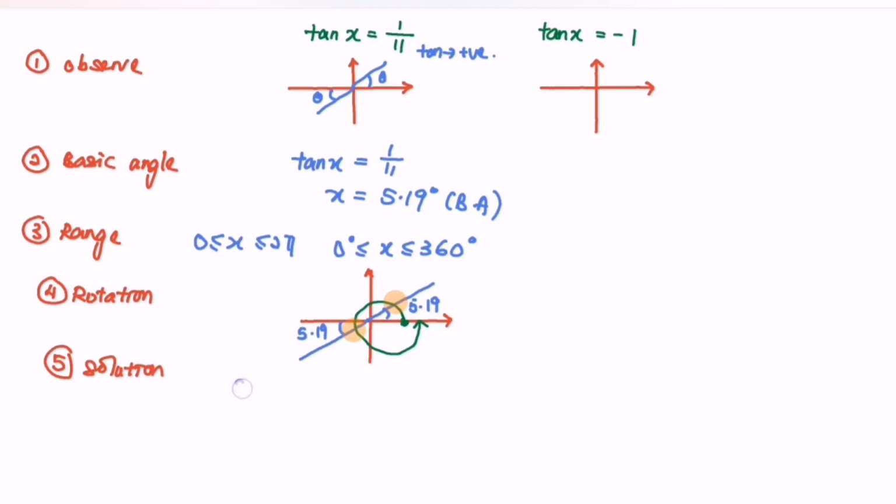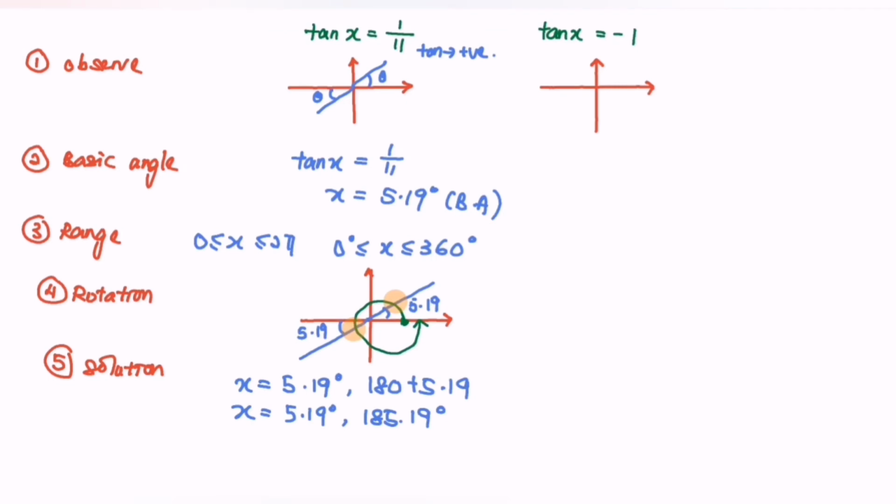For the solution, x will be equal to 5.19, next would be 180 plus 5.19, and our final answer, x will be equal to 5.19 and 185.19 degrees. So next I'm going to find the answer for tan x equals negative 1.